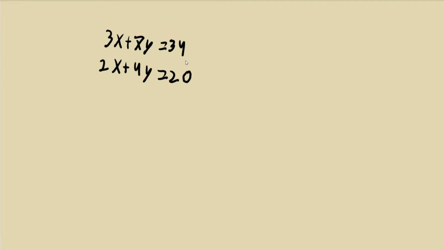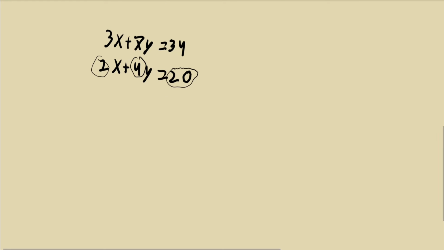You're not required to do this, but it will make your math so much easier. What we can see here is that 2, 4, and 20 all have common factors. What I mean by common factors is we can divide all of these by a number to decrease the value of these numbers. And the common factor of these is actually 2.